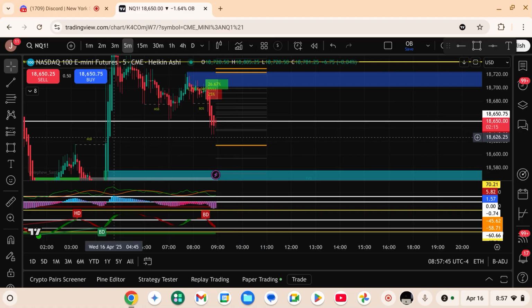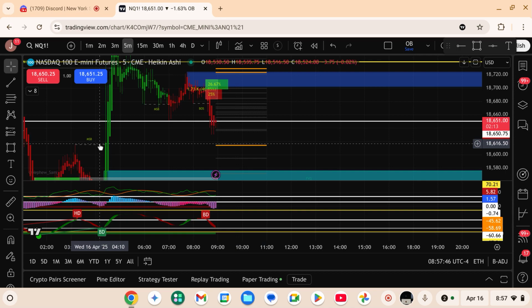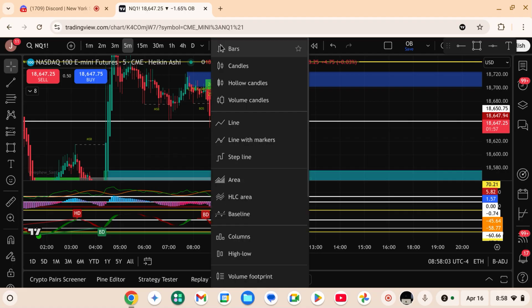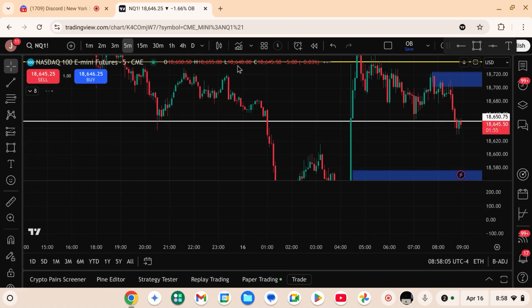Because if you notice, this wasn't tapped into yet, right here, this market structure break. So if it were to close below here, we could target that. Let me see what this looks like.